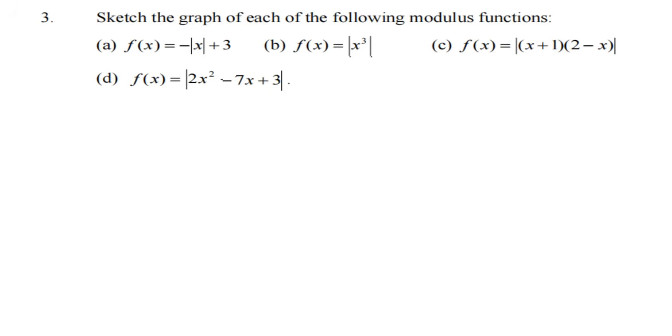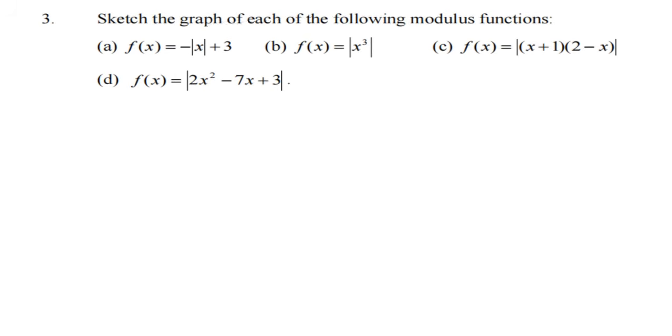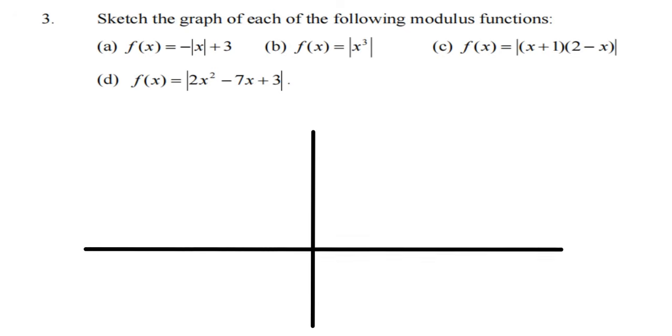We come to question number 3. We are asked to sketch each of the following modulus functions. Of course, this is my y-axis and this is my x-axis. For the first part, always look for the values of x and y, so that we know the quadrant in which the modulus graph is going.